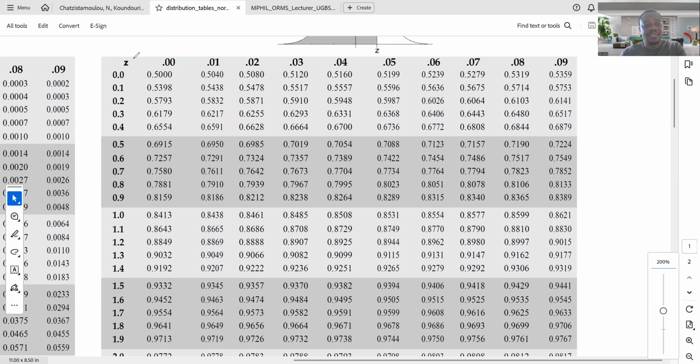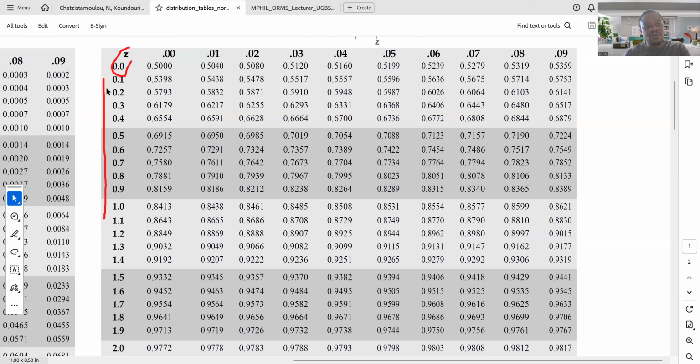All the numbers you are seeing here are Z. You are looking for the number 2, so you have to come down slightly, and you are looking for 2.00. You get the 2.0 here, so you are left with the next 0. The next 0 is this one, 0.00. That is how you find it.